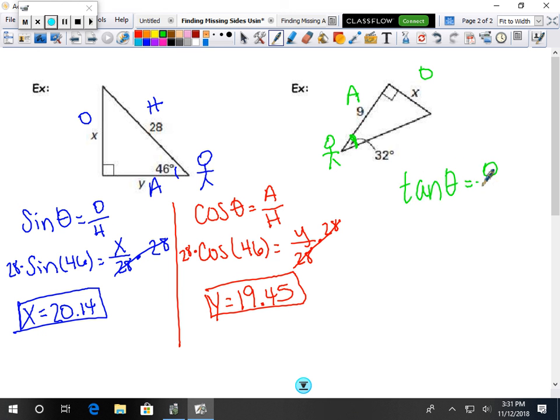So tangent theta equals O over A. Fill in my information. Tangent of my angle, so 32, is equal to X over 9. I want to solve for X, so I'm going to multiply by 9, since that's what's on the bottom. Those are going to cross out. 9 times the tangent of 32 gives me 5.62.